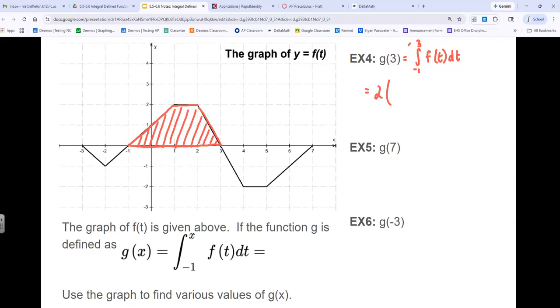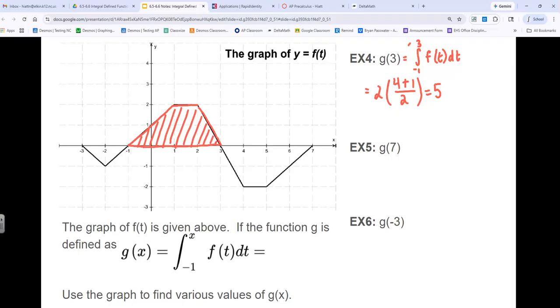And then my bases, the bottom one is 4, and the top one is just 1, divided by 2. And that is just going to give us 5. So G of 3 would equal 5. Now, questions there?